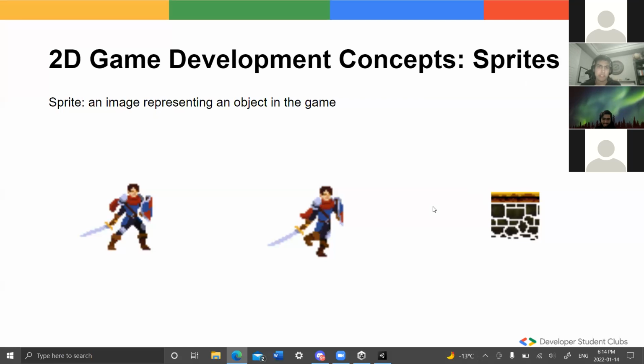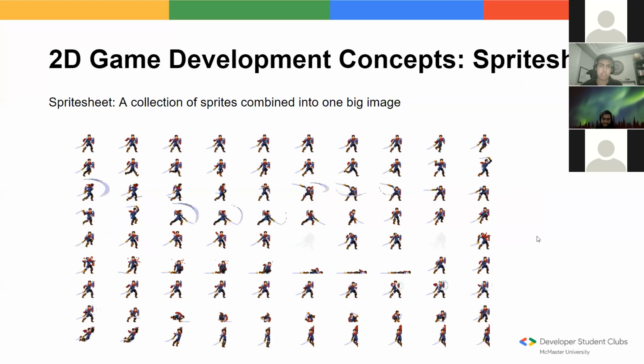But the thing is that the sprites themselves, since they're just static images, they don't move, right? So that's where the sprite sheet comes in. The sprite sheet allows you to combine a bunch of sprites into one big image and allows you to select from the different images and use that to form an animation, which I'll show you in the next slide.